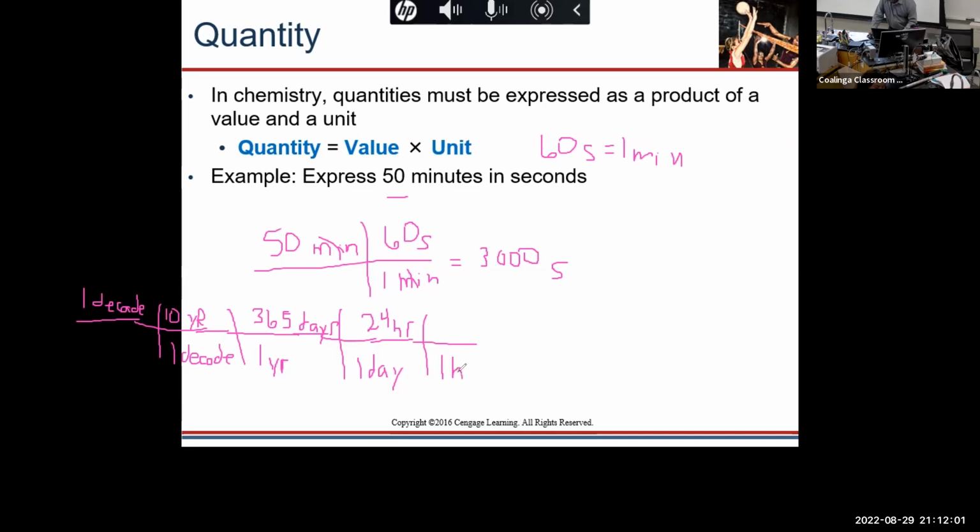And 1 hour is equal to how many minutes? And how many seconds are in a minute? 60.